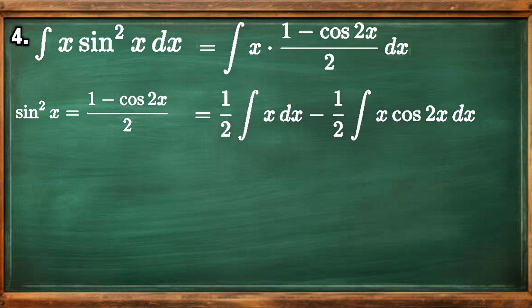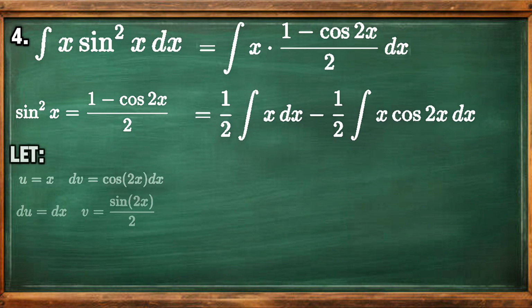Now, the second integral of x cosine 2x dx, we use integration by parts. We let u is equal to x, which gives us du is equal to dx. And we set dv is equal to cosine 2x dx, which integrates to v is equal to 1/2 sine 2x.